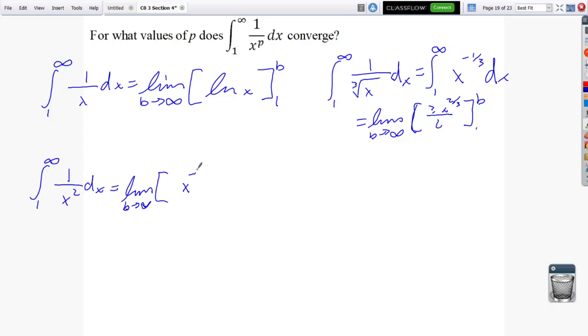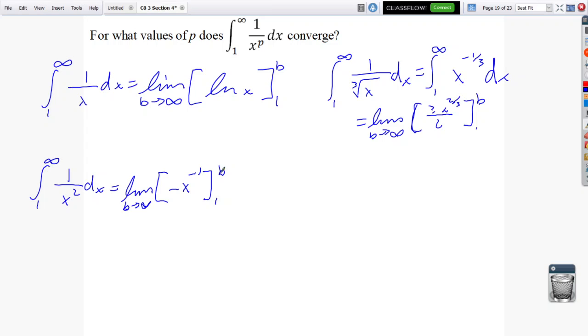I'm going to have x to the negative 1st, divided by negative 1, running from 1 to b. Looking at that, I now have infinity to the negative 1st power, which gets me 0. And that's going to work as long as my p is bigger than 1.